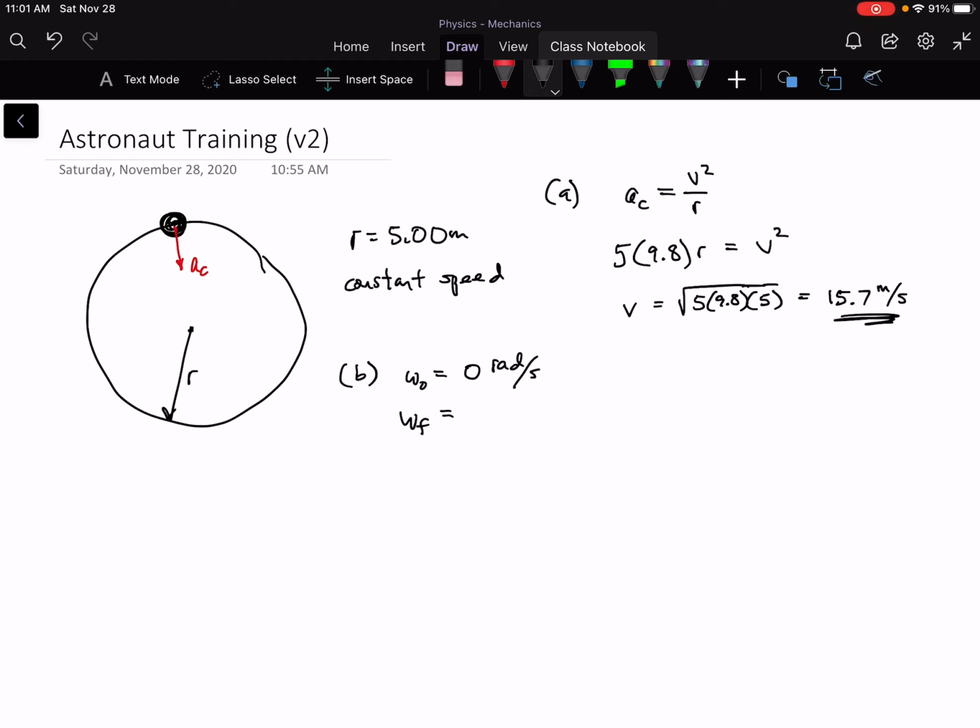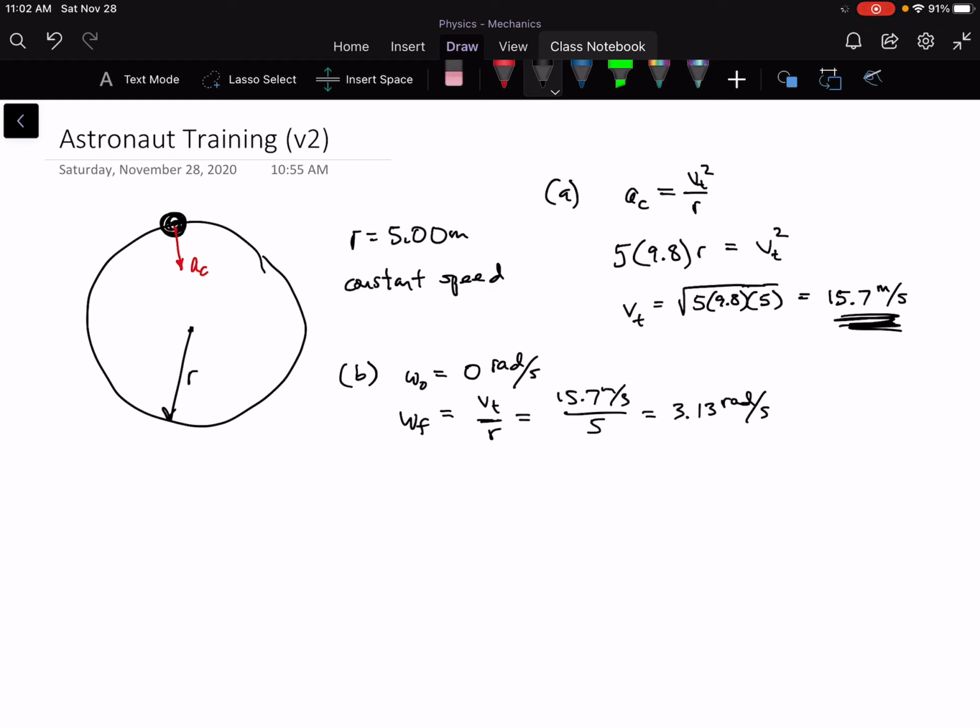We know that it's going to be the equivalent of this tangential speed, so we can apply an equation to figure out what it is, because that's the speed that they're going to achieve. And this is 3.13 rads per second.